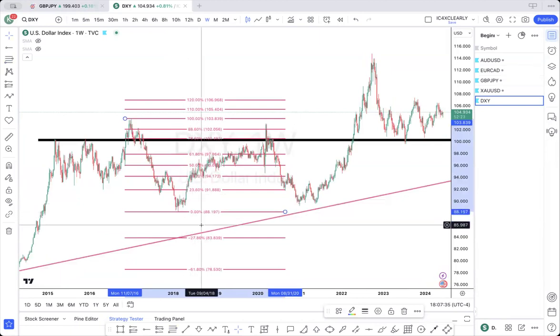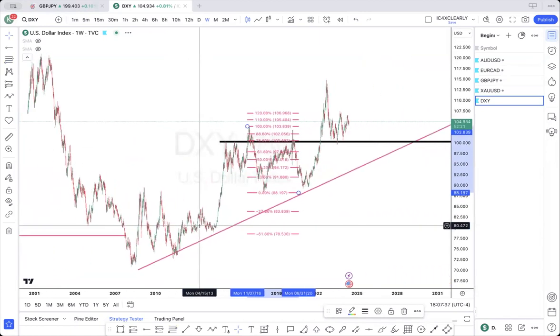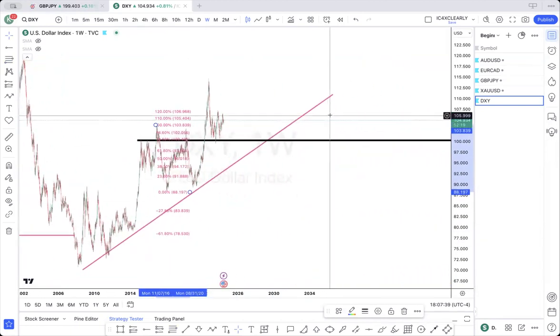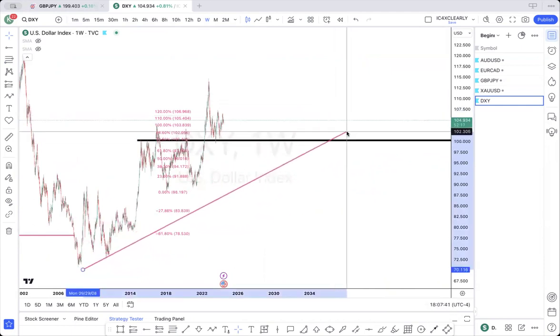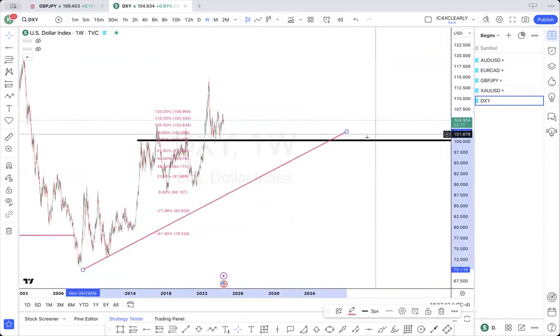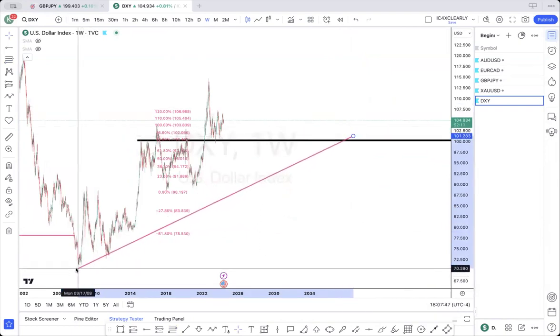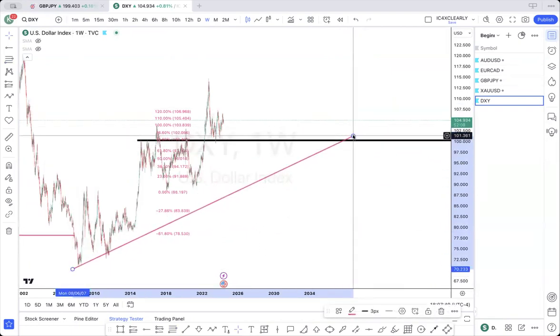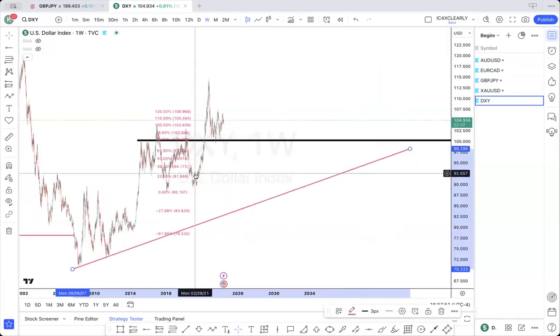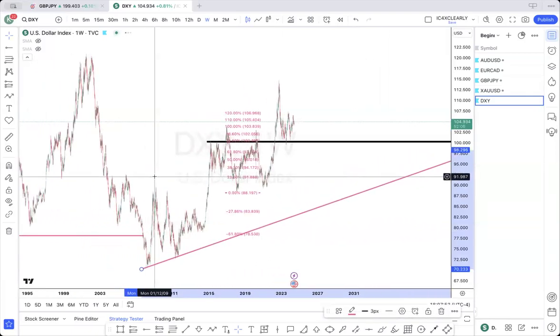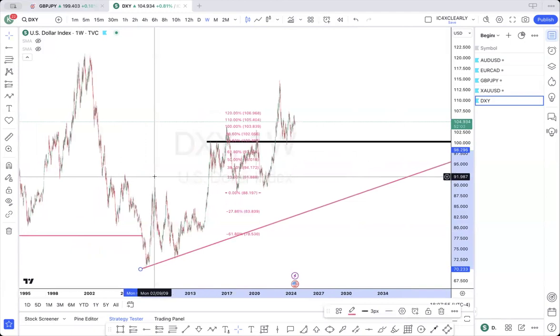It didn't come all the way down here. Now, if I had drawn my non-squiggly line, put it right here, from here to here. You don't have to use non-squiggly lines, okay?